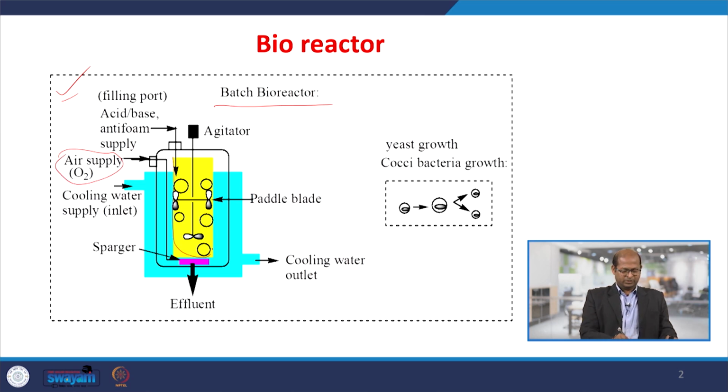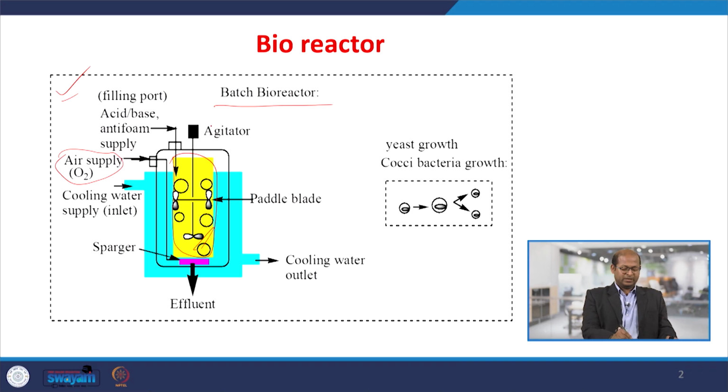This yellow portion is the filling port, where the acid, base or any nutrient would be supplied for the reactions or cell growth, and the cells will be supplied through that inlet. Inside the reactor there is also an agitator.